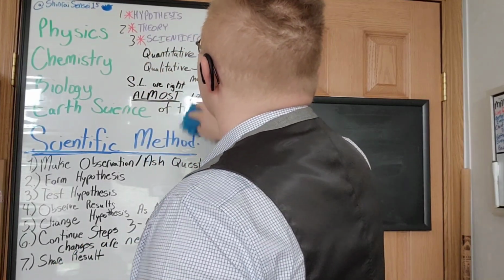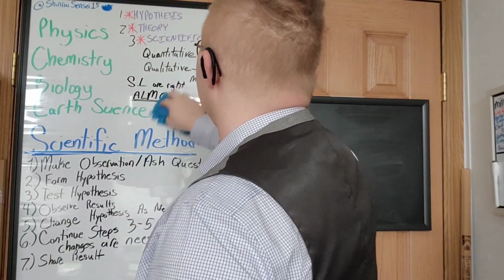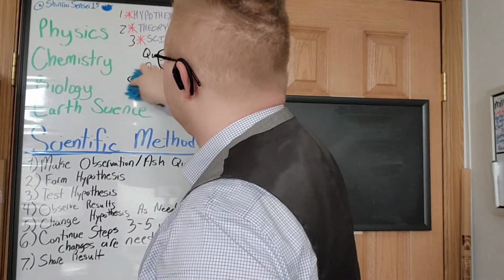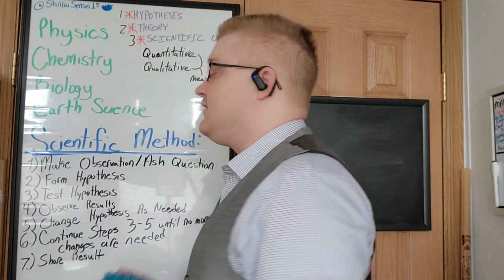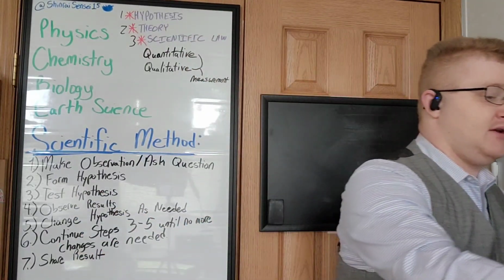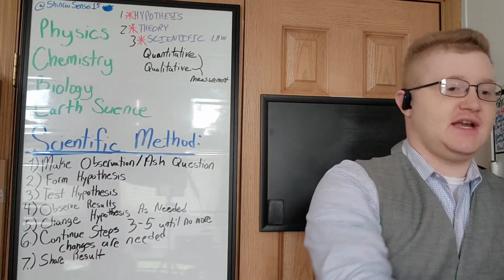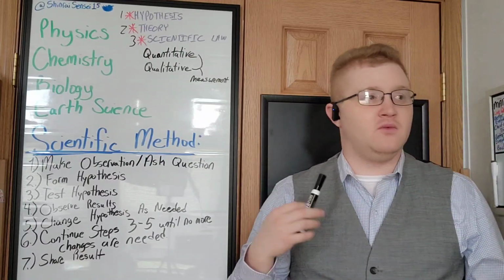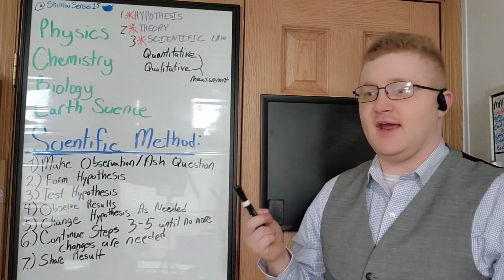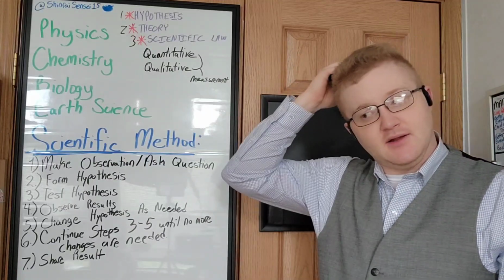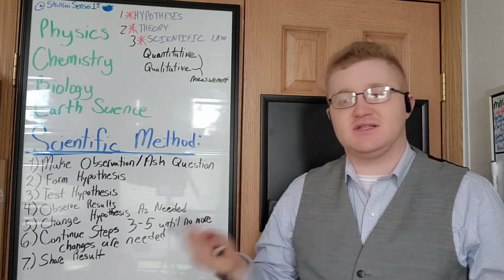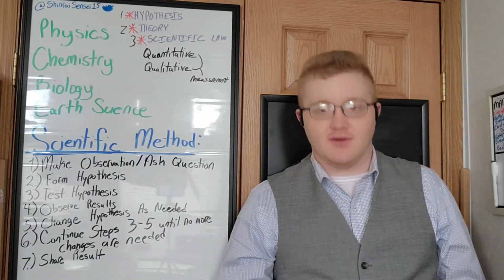So science is always changing, but it's not necessarily going to be 100% accurate 100% of the time. And no matter how good the scientific law you tested, no matter how accurate it is, at the end of the day, it's still a creation of humanity. So it's still as flawed as the ones that created it.